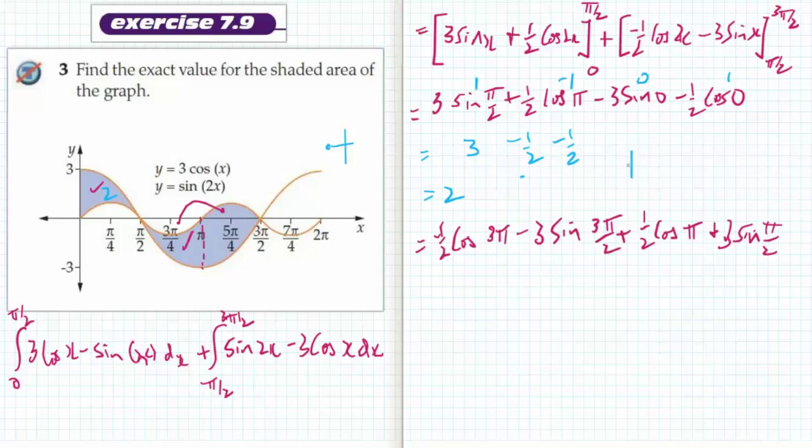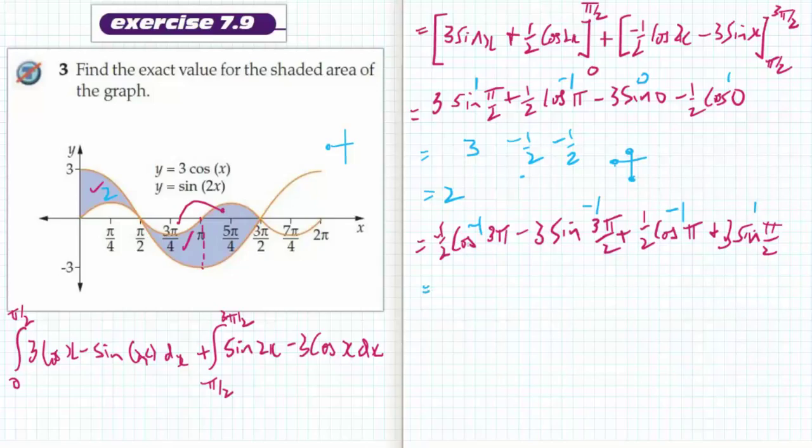Okay, 3 pi is over here, so the cosine of that's negative 1. 3 pi on 2 is down here, so the sine of that's negative 1. Cos of pi is over here, so that's negative 1, and pi on 2 is up here, and the sine of that will be 1.